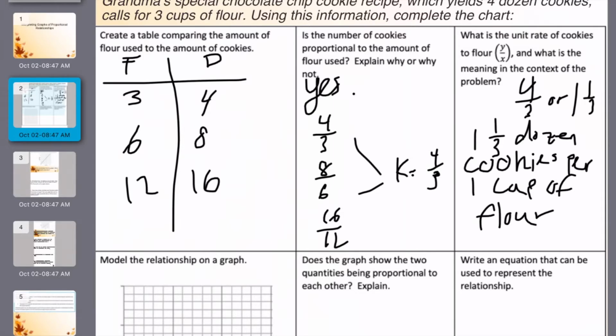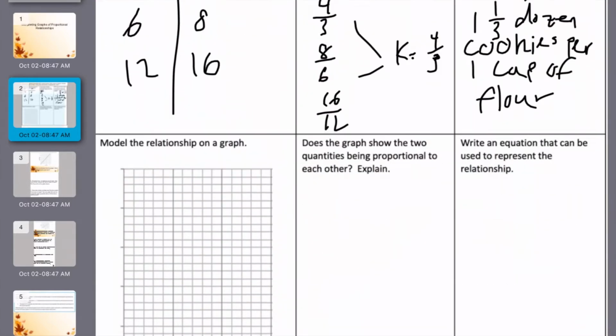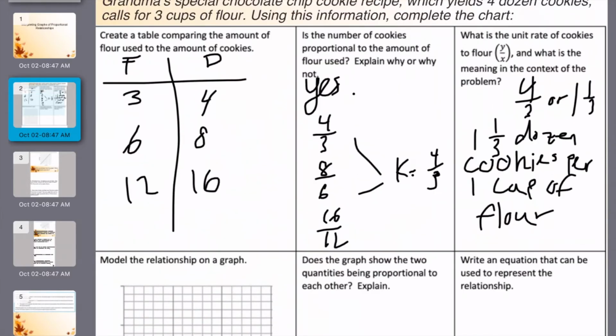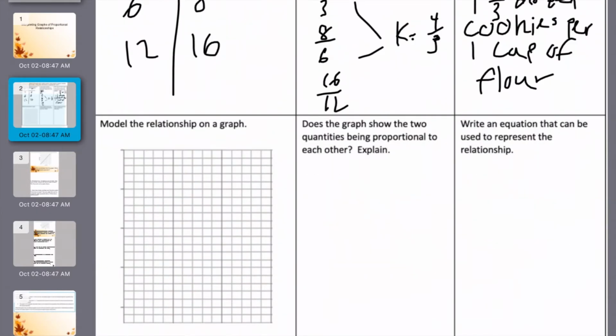Okay, so let's model this relationship with a graph. So let's see, I have 3, 6, and 12 as my points. So let's see, 1, 2, 3. I go up 4. This is my flour down here, and on this side is going to be my cookies.